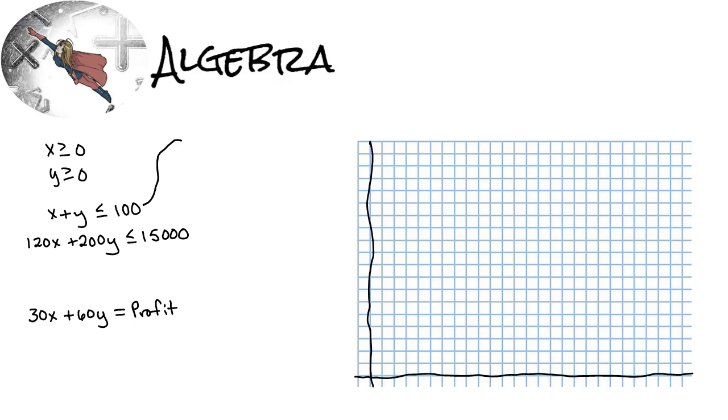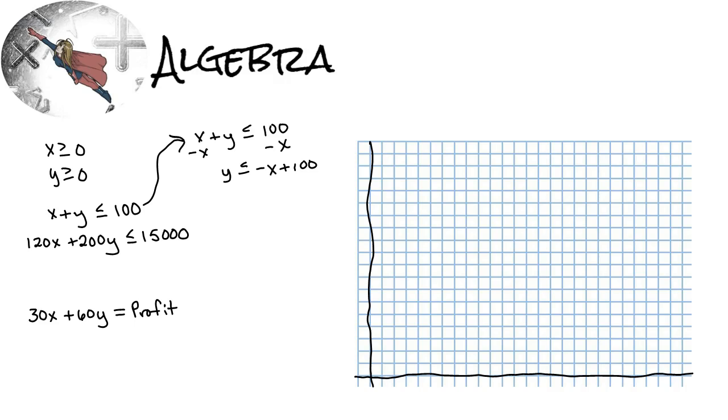With the other two inequalities, we're going to get y alone so that we can graph them more easily. If I do x plus y is less than or equal to 100, I would subtract x from both sides. So I get negative x plus 100. Let's do the same thing with this second equation.